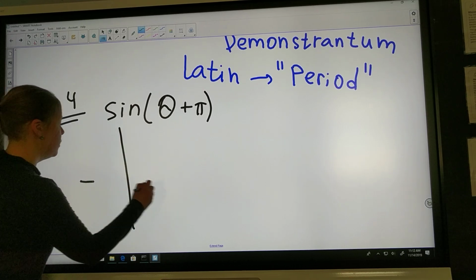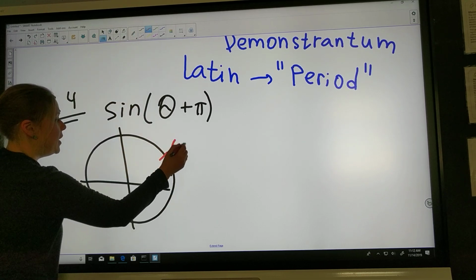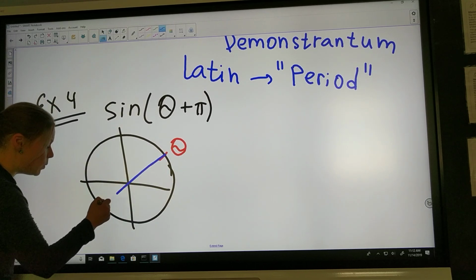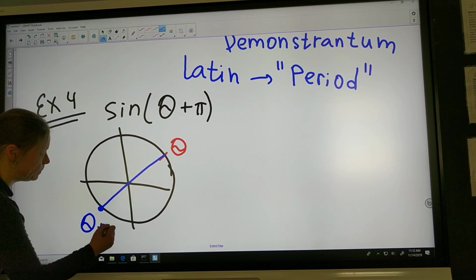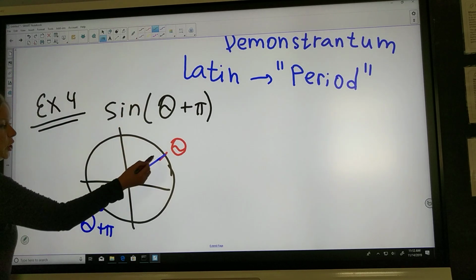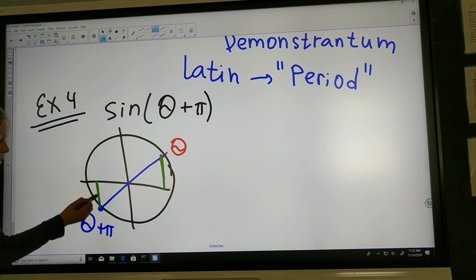Let me try to graph sine and find angle theta. So if theta is here, then pi plus theta, or theta plus pi, will be somewhere here. And I know that sine is a vertical change. This is my sine, and this is my sine of theta plus pi.